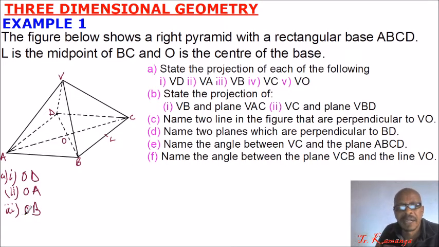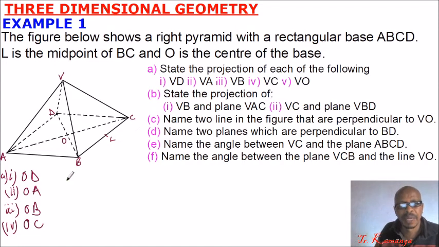So we have Roman number 4. We have VC. Where is our VC? This is our VC. So the projection of VC, it's where the line will fall onto. So it is OC. OC is a projection of VC.